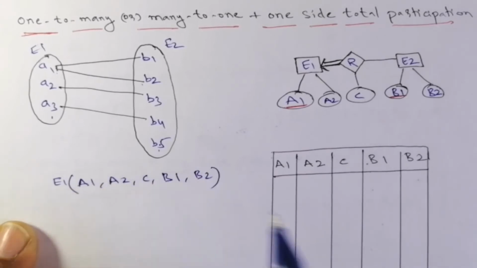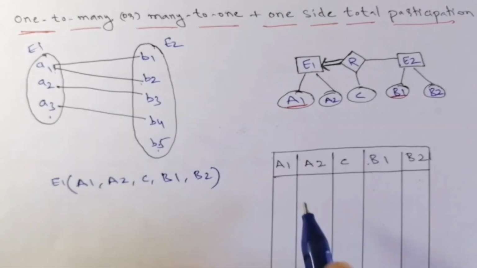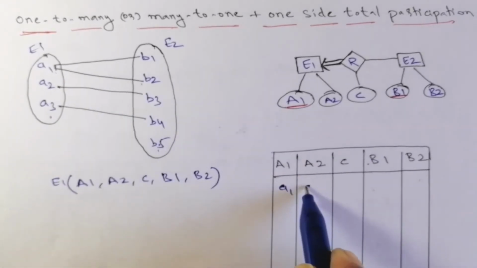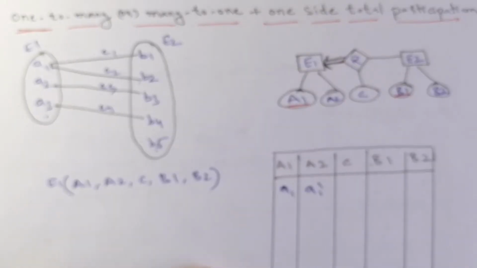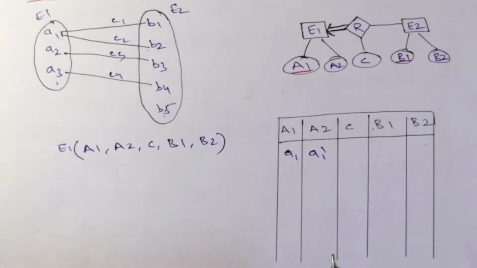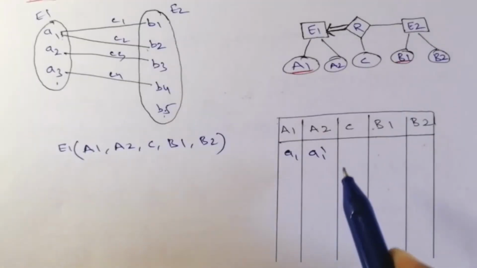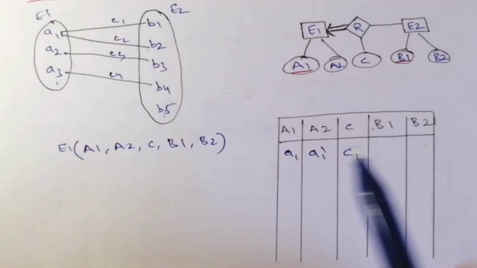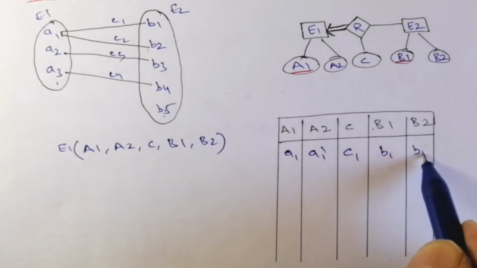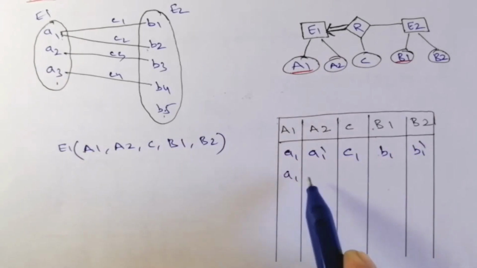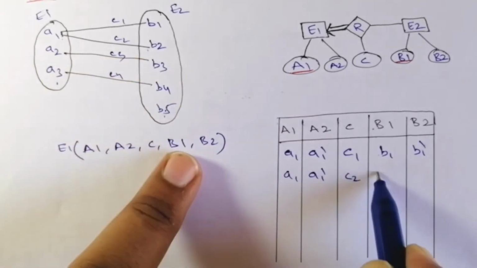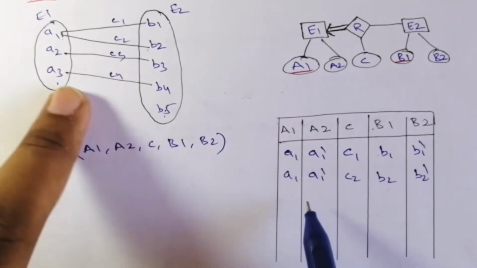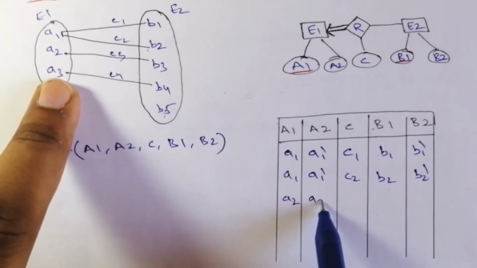Let's check for it. If you take A1, A1 dash, and C1, C2, C3, and C4, if we name them: A1, A1 dash, and then C1 and B1, B1 dash. Next is A1, A1 dash, we have C2, and then B2, B2 dash, and then we have A2, A2 dash.